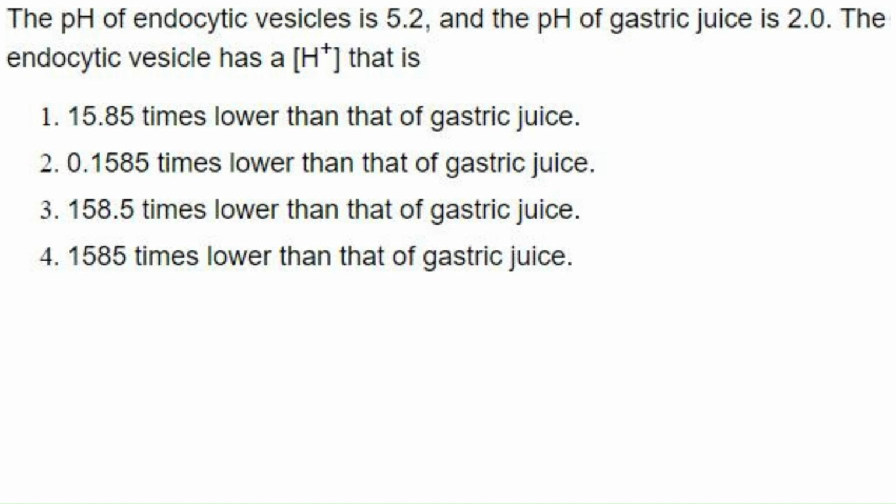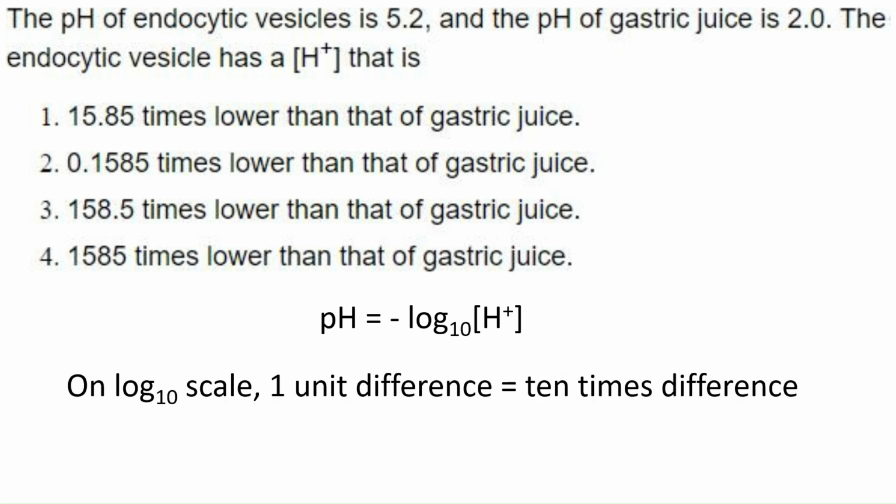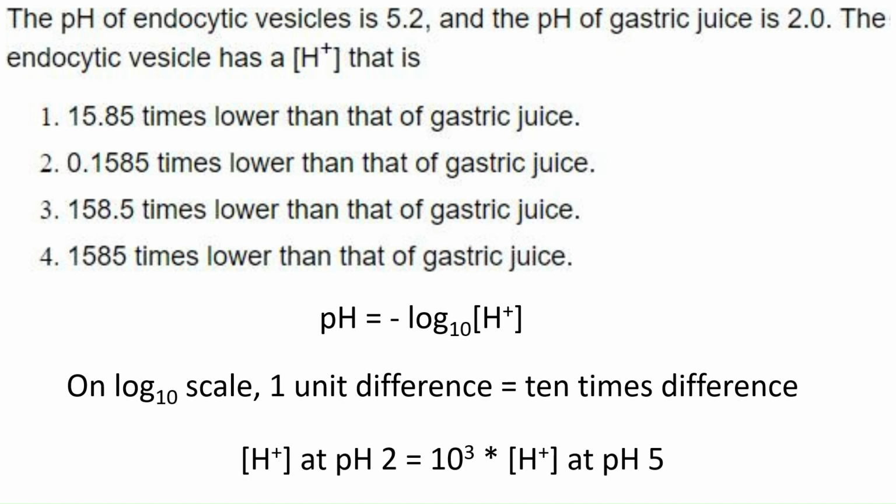Now, how will you get to the right answer? This is the formula for pH, that is on the log scale. Now, log scale means that the difference of one unit is equal to 10 times difference in the actual values, which means that H plus ion concentration at pH 2 will be 1000 times higher than H plus ion concentration at pH 5.